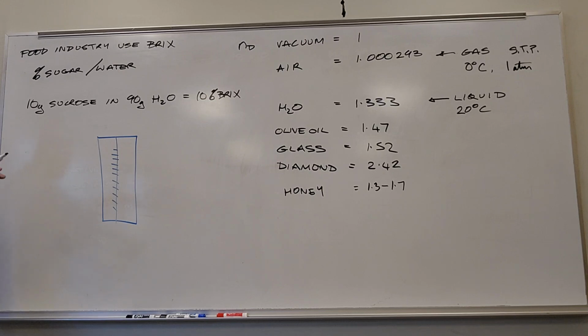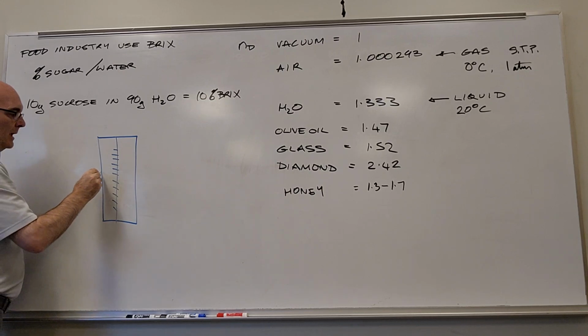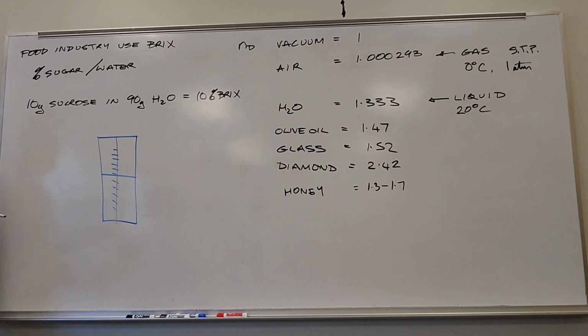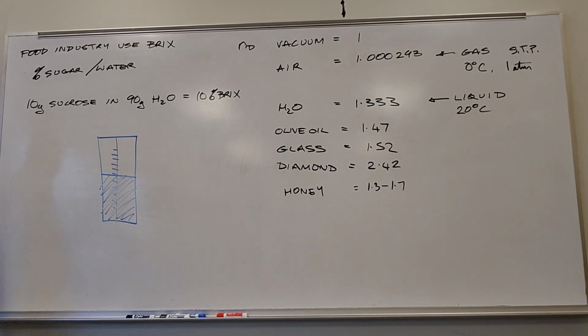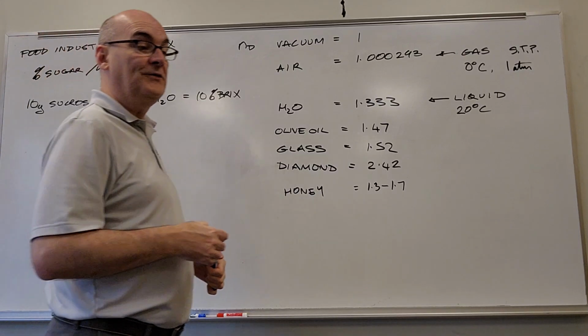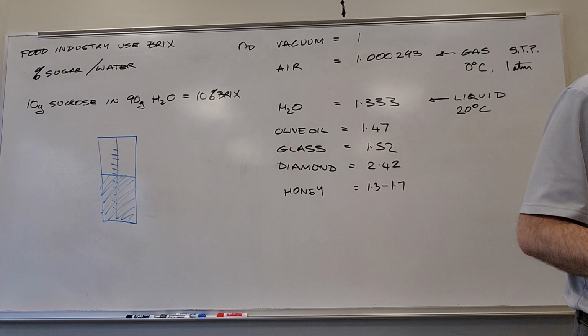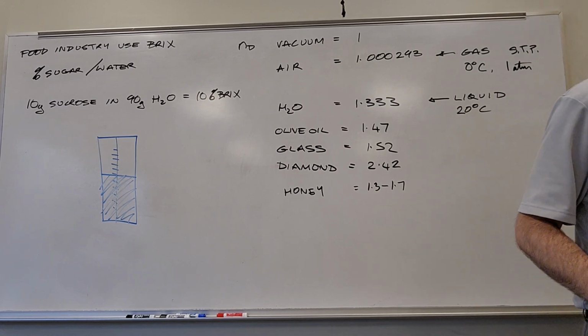When you slap a sample on the sample holder, it puts a meniscus somewhere here, a different tone, a different color, and you get to see the line, and then you read off what that is. Okay, so we do need to know what the refractive index of our honeys are. So let's see if we can see it. One of them will be off scale, one of them hopefully will be on scale. So use both anyways? Yeah.